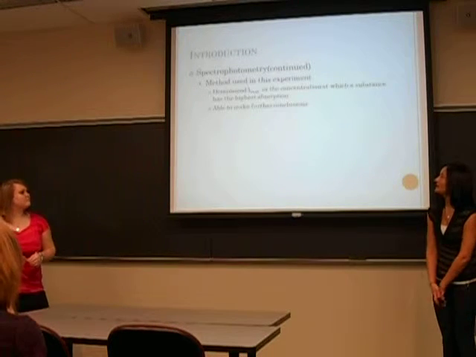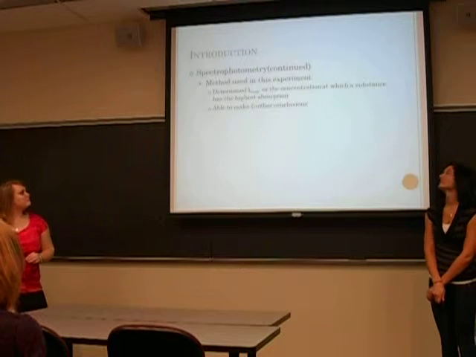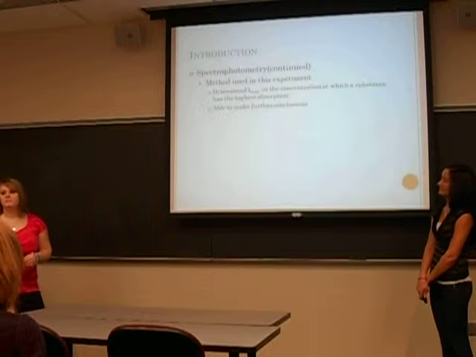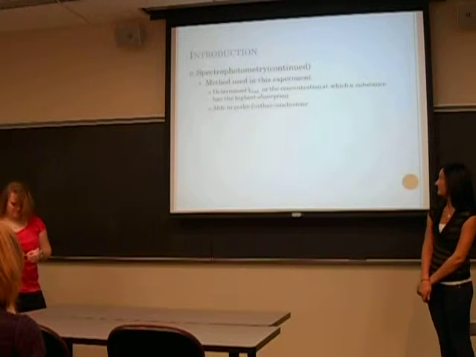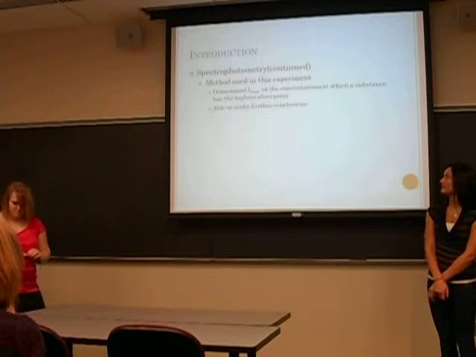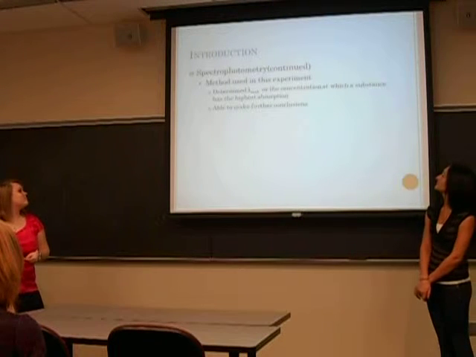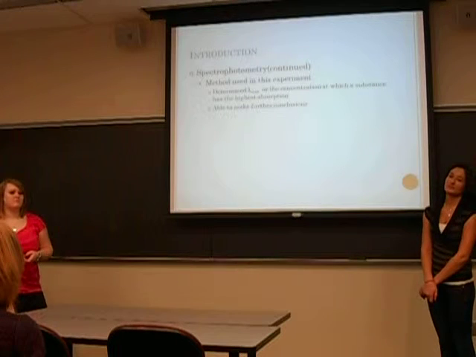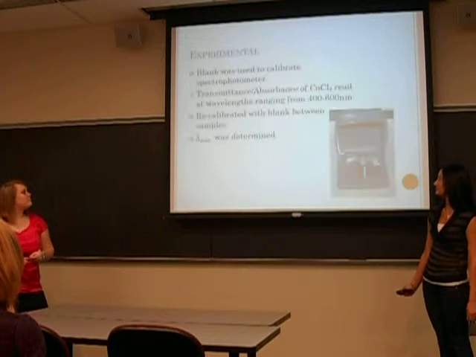So spectrophotometry was the method used in this experiment. This piece of equipment can determine the lambda max based on the highest absorbance, and from this we can make further conclusions.